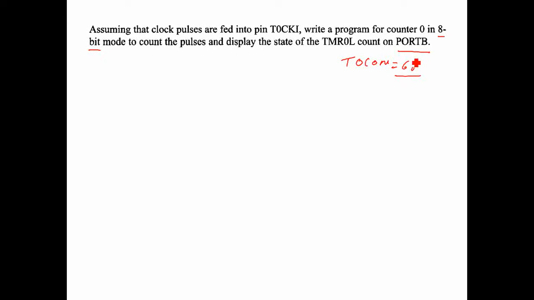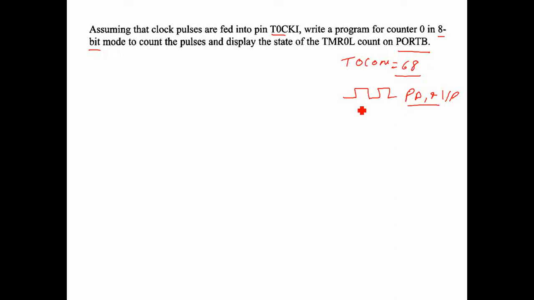So we have to feed the value to port B, and since it is an external clock source with T0CKI, we are getting the clock from port A pin number 4. So port A pin number 4 is an input. This is where the clicks are coming.